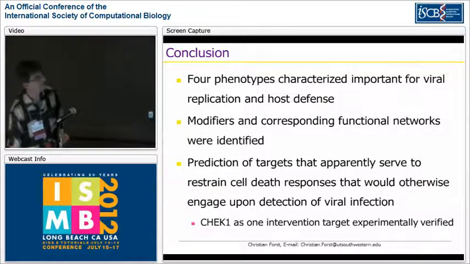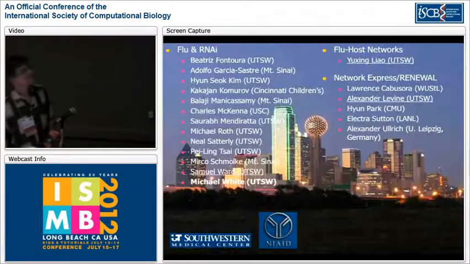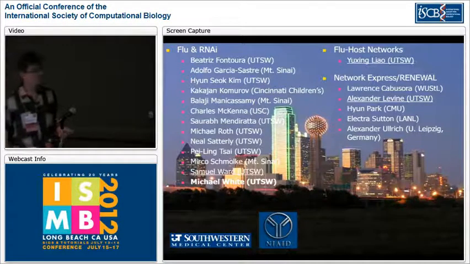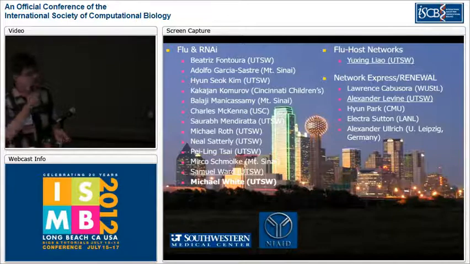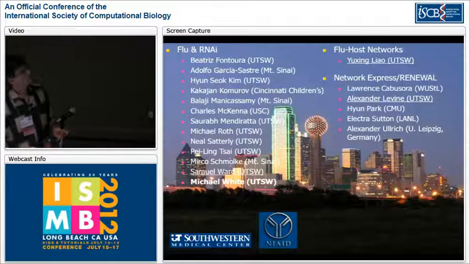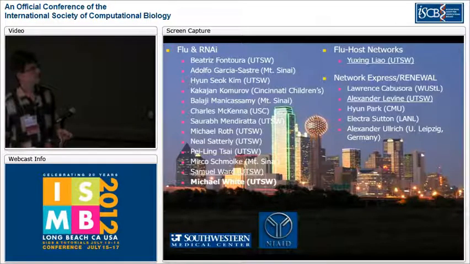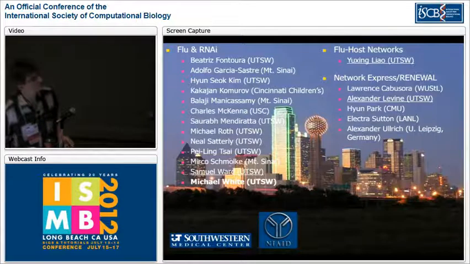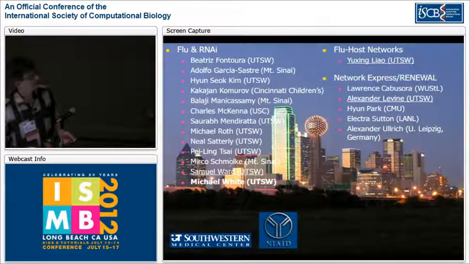And in this sense, I want to acknowledge my collaborators. A lot of people here worked on the experimental side of the RNAi studies. Mike White is the PI of this study, together with Adolfo Garcia-Sastre from Mount Sinai, who provided some of the influenza samples. We did some other influenza strains too. The students who actually did the work are underlined here. So Sam Ward did the experiments on the RNAi.